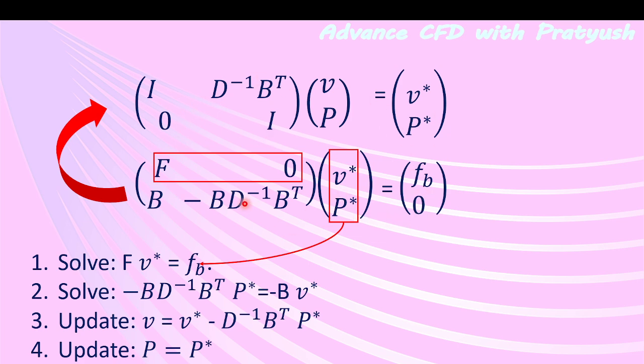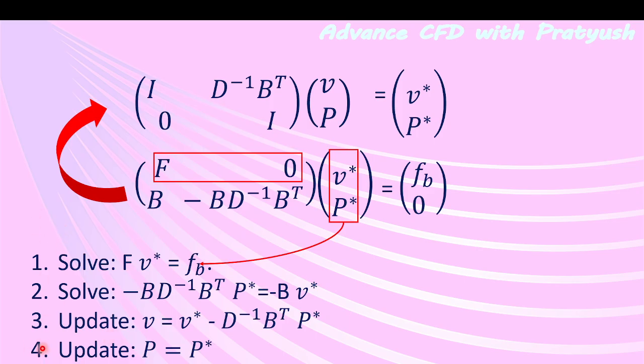Now, if you are able to catch up till here, we can arrive at the algorithm, how the SIMPLE algorithm works. We arrive at it from these two major simplifications to the A matrix, and here we have taken this as V star and P star. So remember these two things.